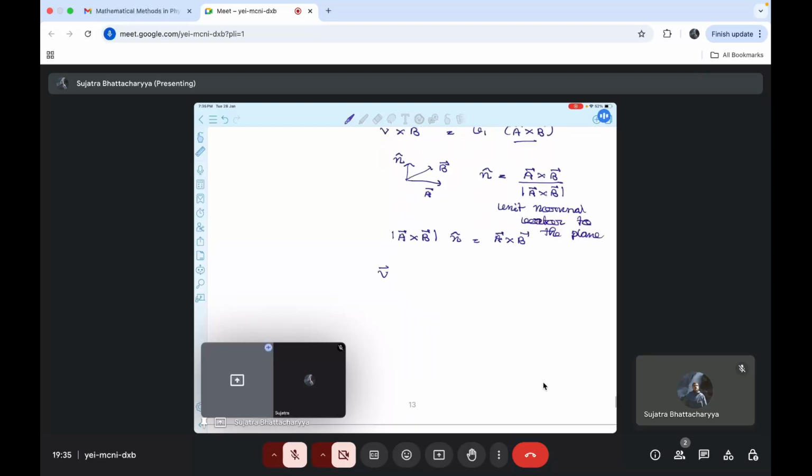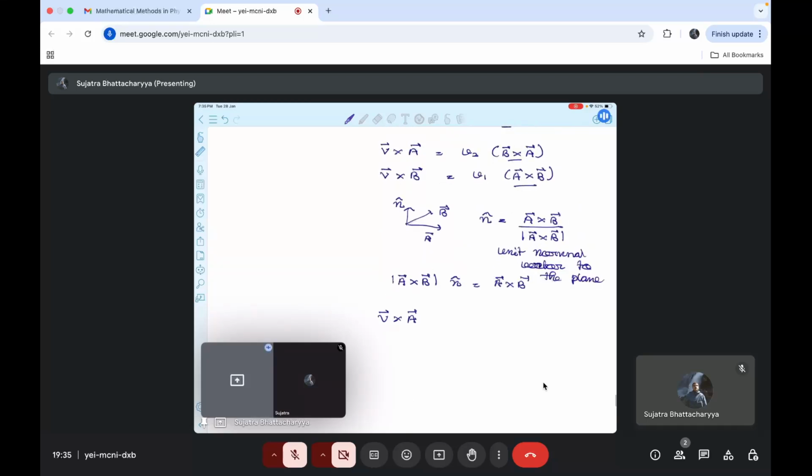So v cross a, now if you dot with n hat on both sides, then you will be able to get the actual thing.